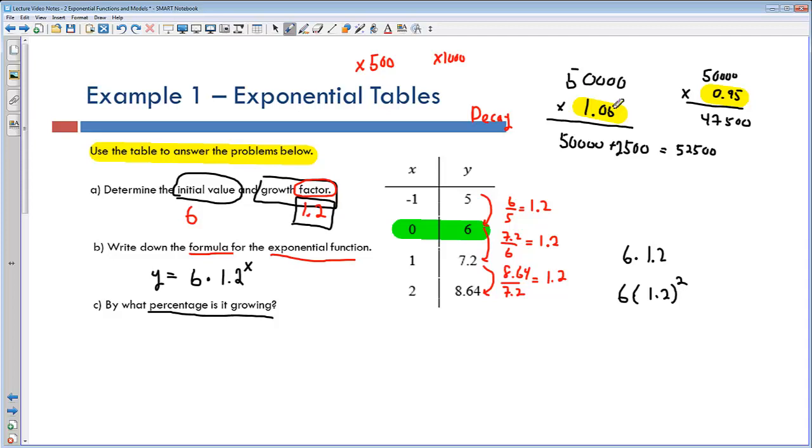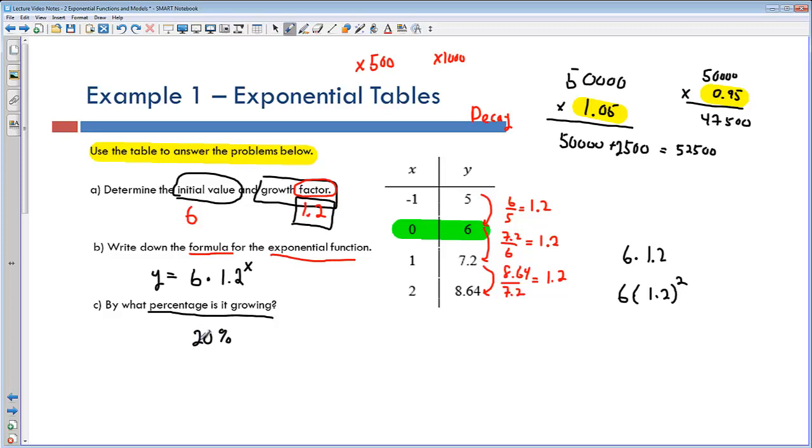Here would be growth by 5%, and there would be decay by 5%. So when I look at 6 times 1.2 to the x, my brain immediately says, oh, that's 20%. 0.2 is a 20% growth. That's huge, which is always exciting to me, because if my salary went up by 20%, I'd be very, very excited.